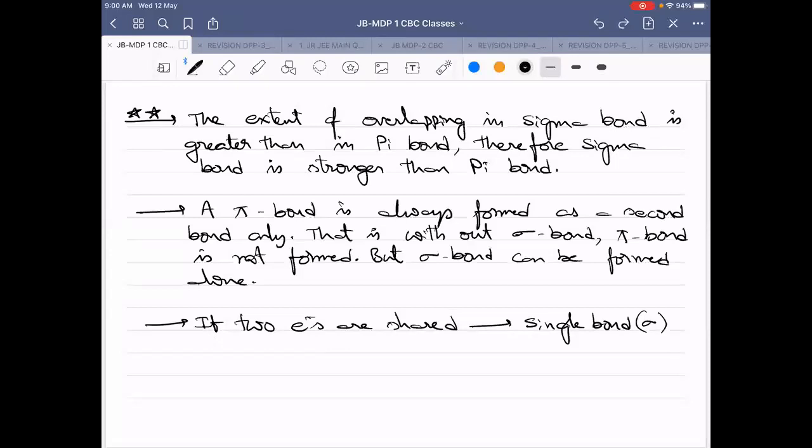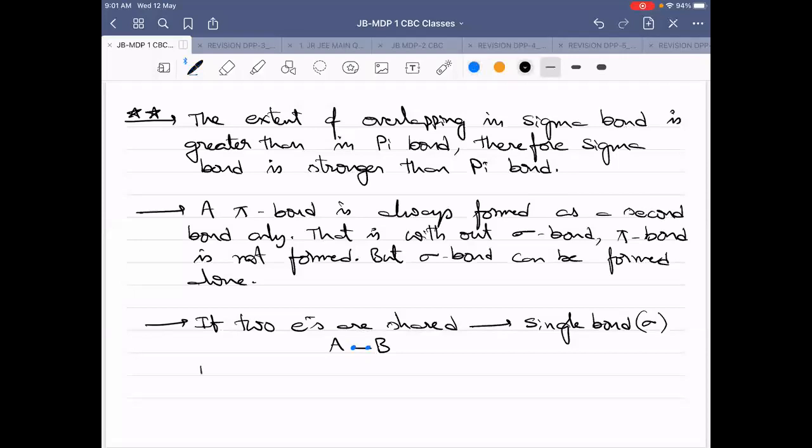As we are not going into more detail, let us write it like this: A-B. If only two electrons are shared between the two atoms, then it is a single bond. And that single bond itself is the sigma bond, because the first bond formed between two atoms will be a sigma bond. Okay?